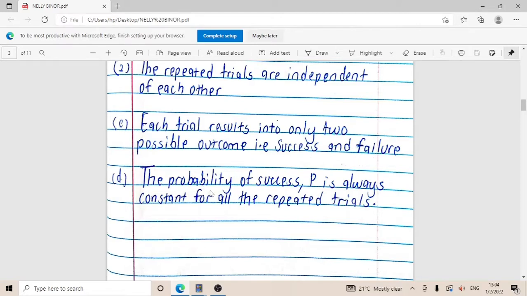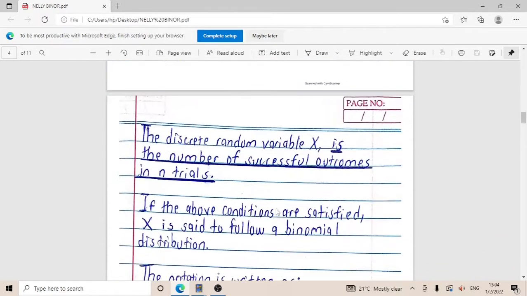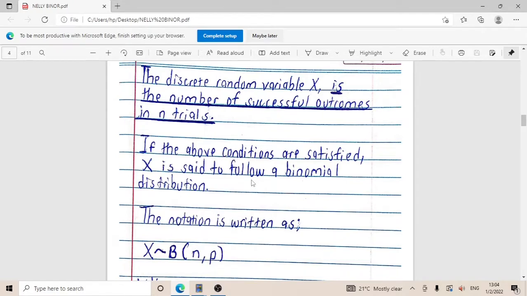The probability of a success is represented by p, and it is always constant for the repeated trials. Having known that, the discrete random variable x is the number of successful outcomes in n trials. If the above conditions are satisfied, then x is said to follow a binomial distribution.